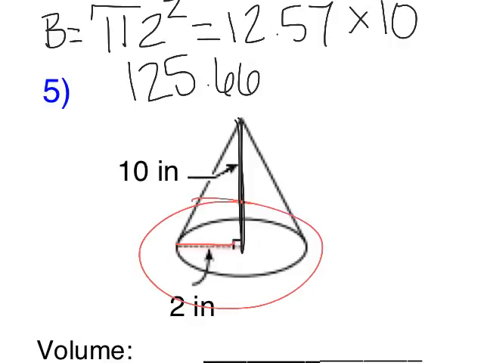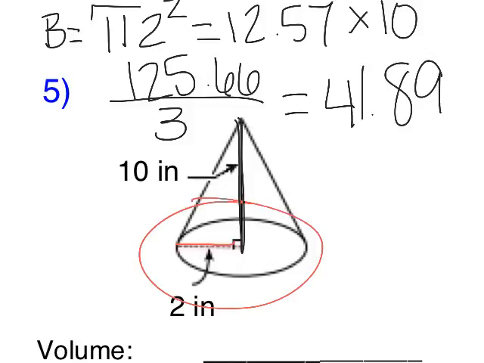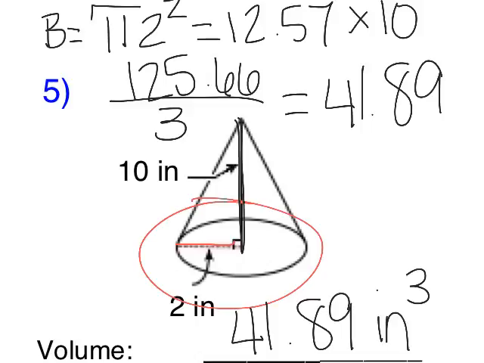And remember, we can fit 3 of those inside of a cylinder. So we take our 125.66 and we divide by 3. And that's going to give us a volume of 41.89. So our answer is 41.89 inches this time cubed.